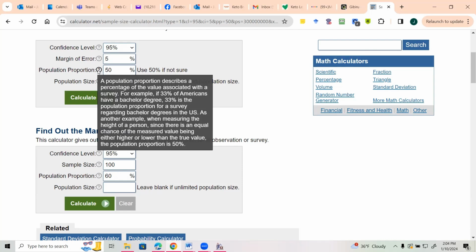We assume that the proportion of boys is 50%, 50-50, right? It could be that the proportion is 51 to 49. Doesn't matter. Okay. That's why it says to use 50% if not sure, because typically we try to go for equal group sizes.